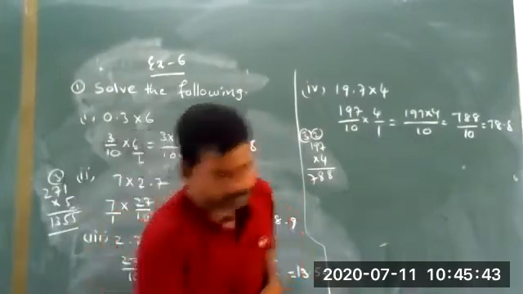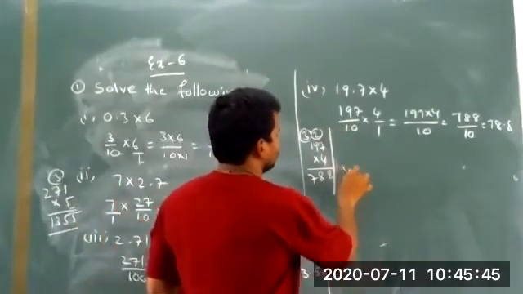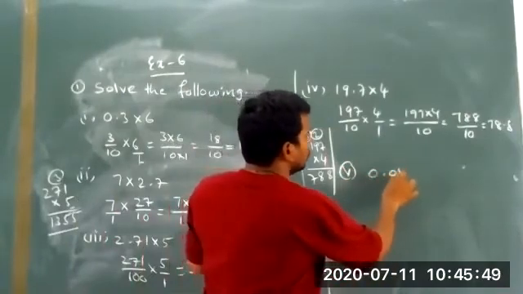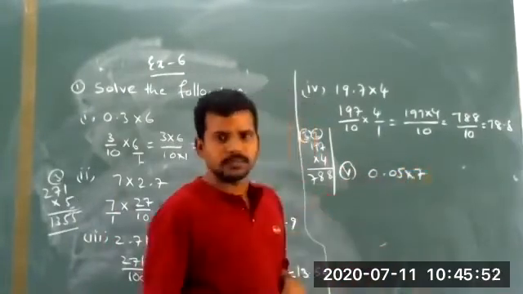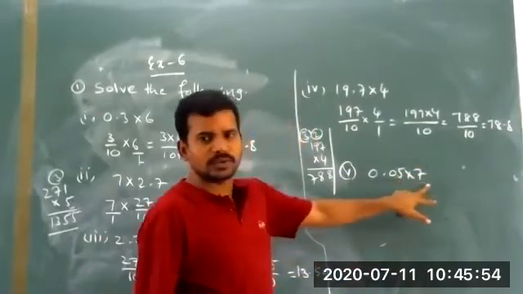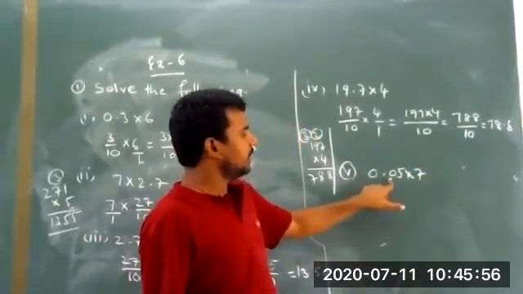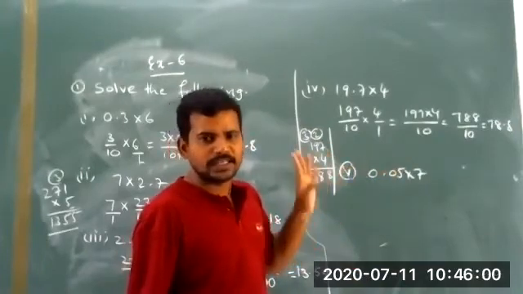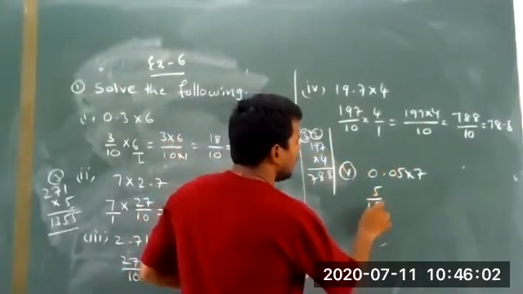Next, fifth one, 0.05 into 7. Here in the decimal place, how many digits are there, children? 2 digits. That's why 5 by 100.